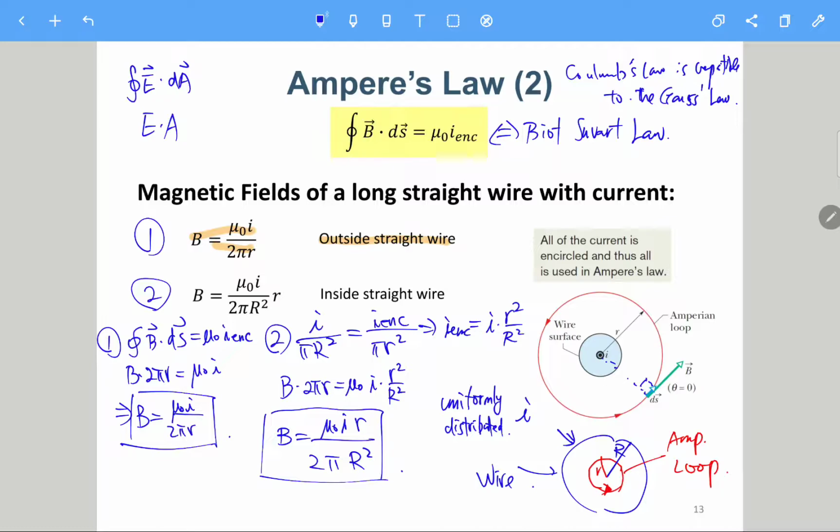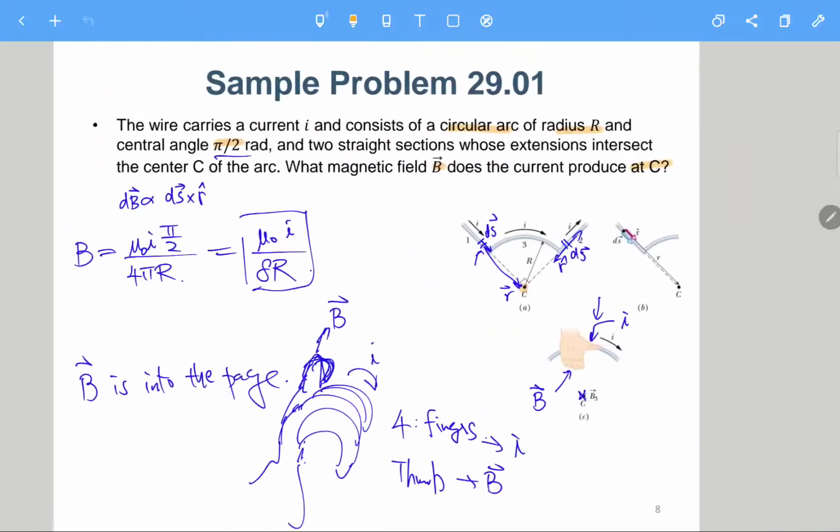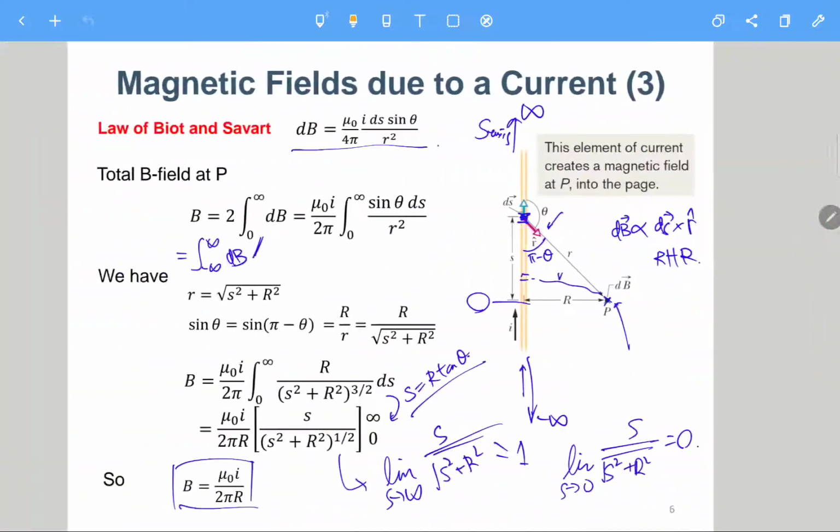So this is a very simple derivation for the B field inside and out of the wire if we assume the current density to be uniform. For the thin wire case, it is a little bit different.